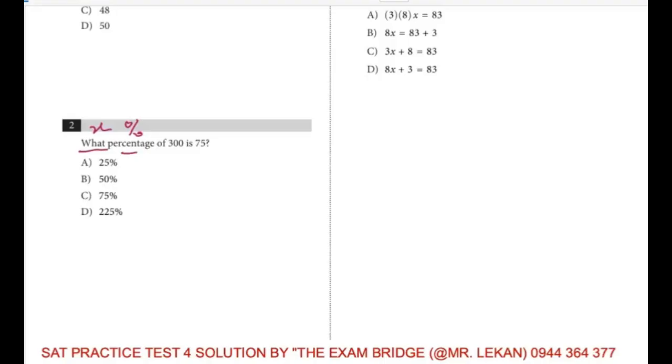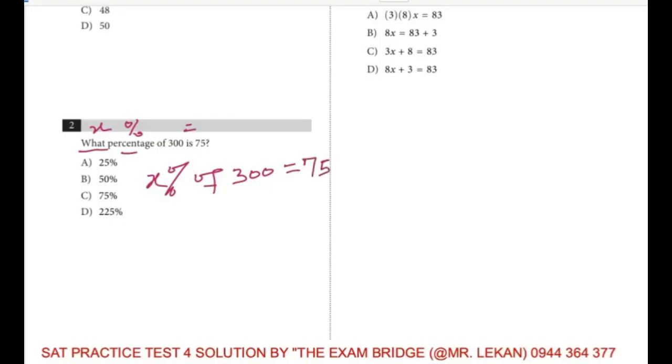Percentage of 300 is, that is equal to. Now let us represent this mathematically. That is X percent of 300 is 75.